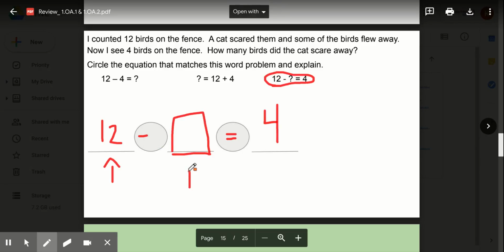I don't have a number here. This is my unknown because it says a cat scared them and some birds flew away. I don't know how many, it just says some. Now I see 4 birds on the fence. So this is the equation you should have, and this is the equation that you should have circled.